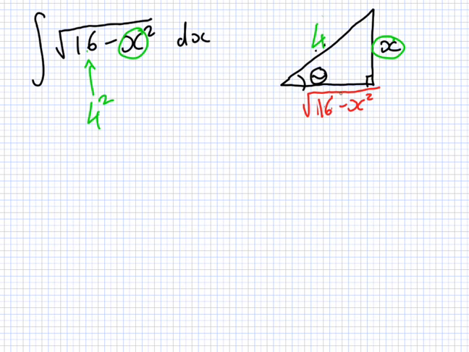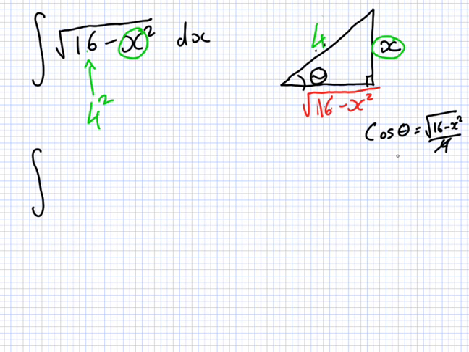So if you look at this triangle that you've made, you can change this problem. You can say cos theta is the square root of 16 minus x squared over 4.